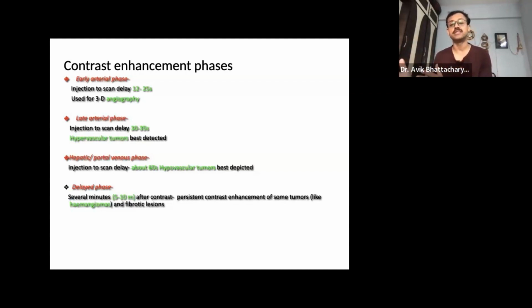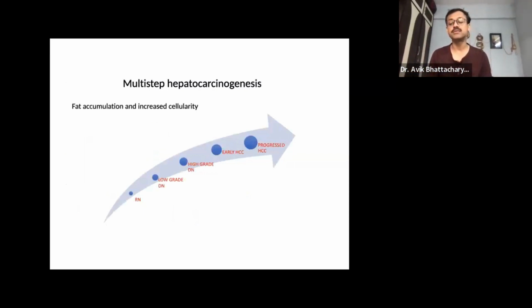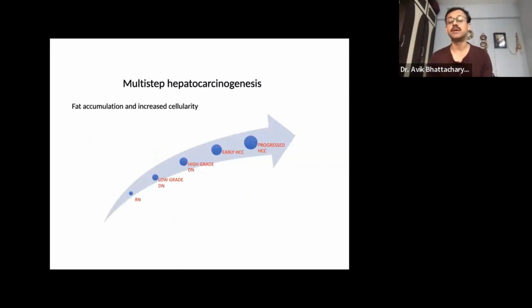So there are different phases. You need to understand, because the entire ball game of enhancement of different liver lesions in cirrhotic liver depends on this, the different phases of contrast enhancement. So why we need this? Because if I characterize a hepatic lesion early, we can go for cure, either by hepatic resection or by ablation or by liver transplantation.